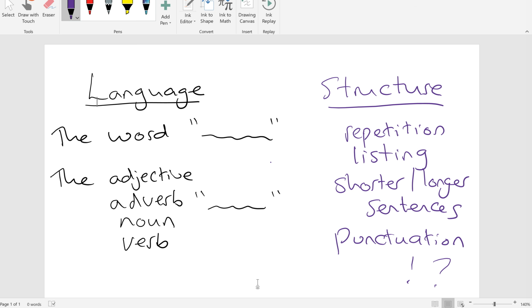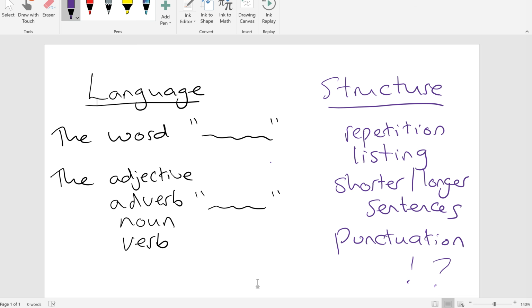So the repetition emphasizes how shocked he is, or the listing emphasizes how much detail he's going into because he's so curious or whatever. So just think about what it is the writer's really saying or the narrator's thinking or feeling, and then just say that whatever the feature is emphasizes it, okay?